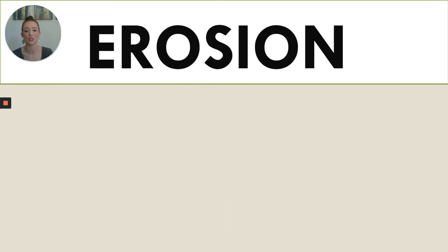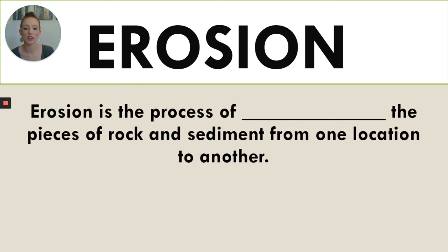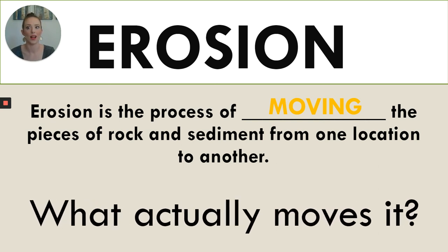Okay, so phase 2. In phase 1, we broke the rocks down into smaller pieces, either physically or chemically. Now what? Phase 2 is called erosion. Erosion is the process of moving the pieces of rock and sediment from one location to another. Well, I know that rocks don't move on their own, so what's doing the moving?